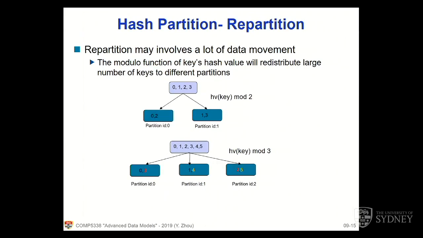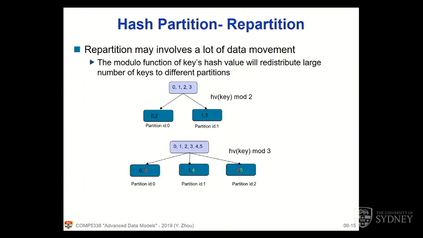But still, we want to keep the good feature of hash partition, where we usually expect it to distribute keys evenly in each partition. But we want to mitigate this data movement during repartition, if we anticipate the size of the database is pretty dynamic. It might grow, it might shrink.